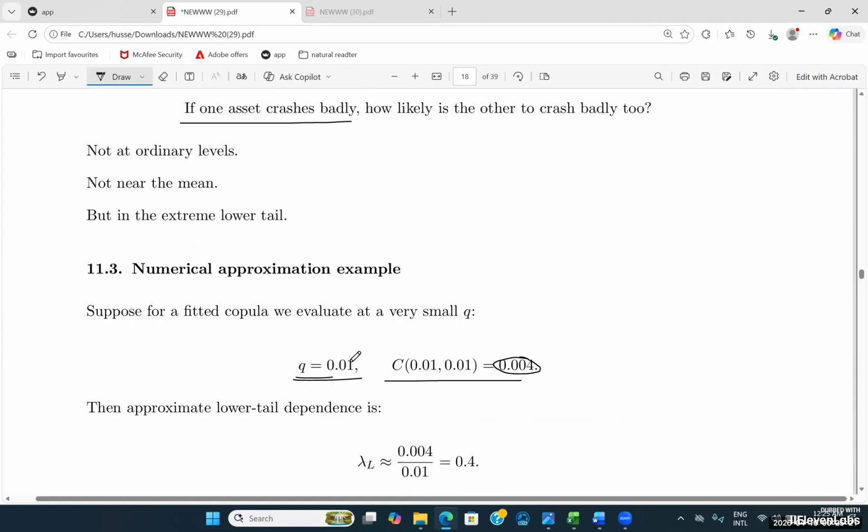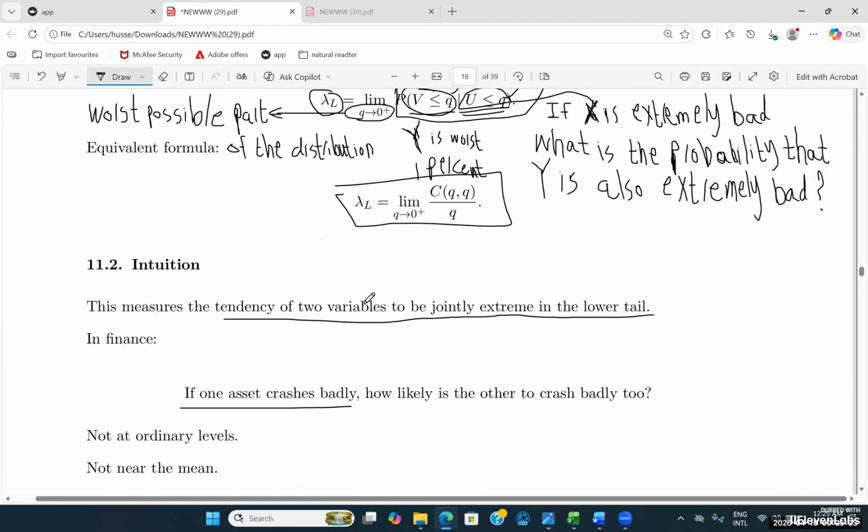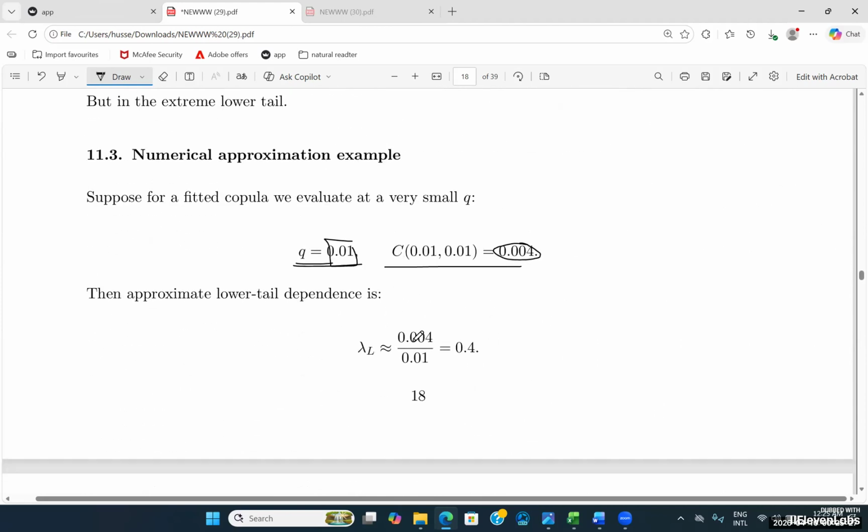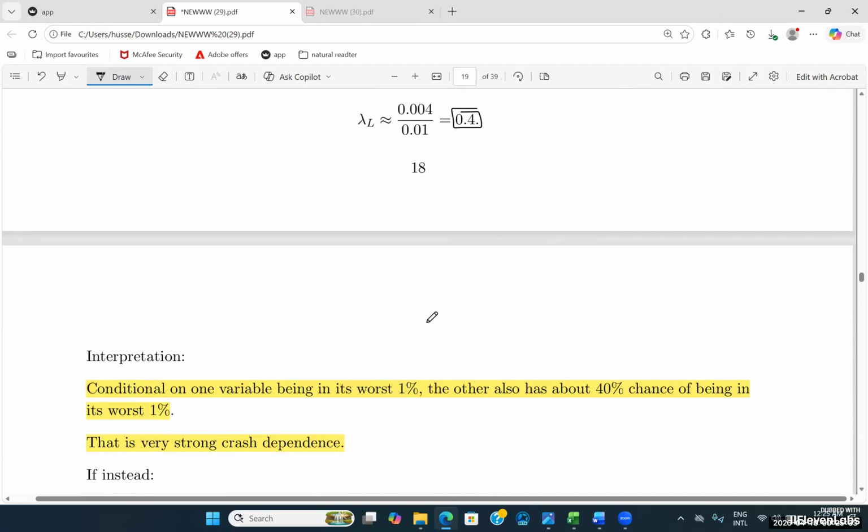Let's consider a scenario where we have a value of just 0.01. If you then calculate the ratio using this specific equation, you would simply take the value of 0.004 and divide it by 0.01. The result of that calculation will be 0.4. Now, what exactly does this result signify? It implies that one particular variable is performing at its absolute worst, within its lowest 1% range.